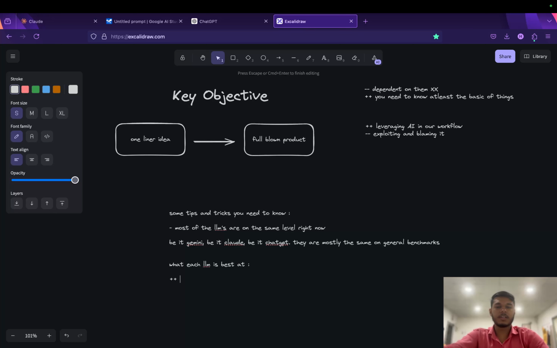And again, this is my personal opinion, based on what I have worked with these LLMs. Claude is the best at code generation, debugging, and ideation.